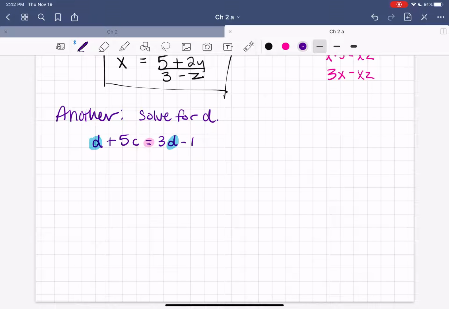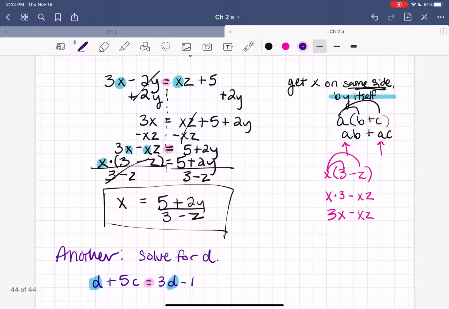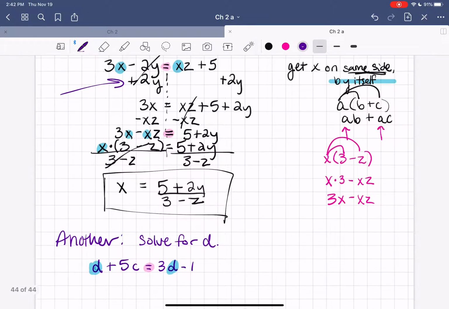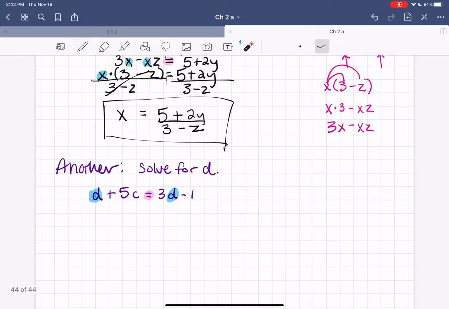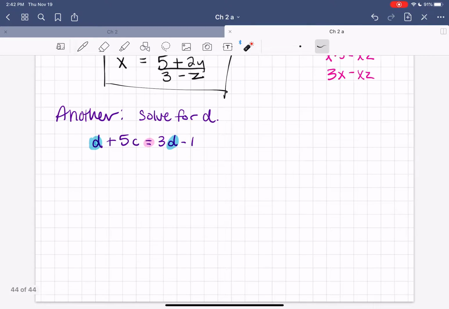So remember up here when I said that I was going to add 2y to both sides first, but there were different routes that you could really take? So you could have added 2y to both sides as your first step, but you also could have done the subtracting of x and z, and it would have been the same amount of work, basically.